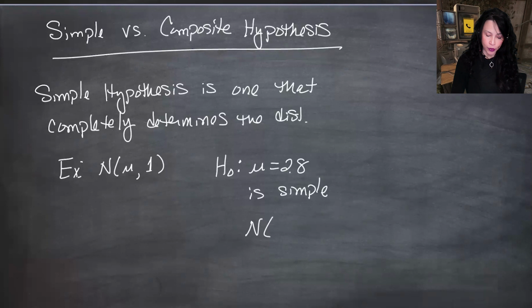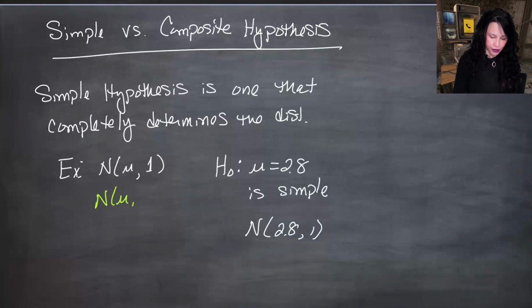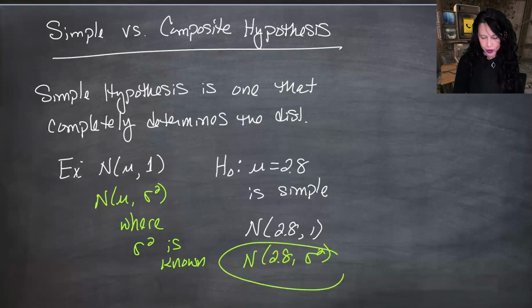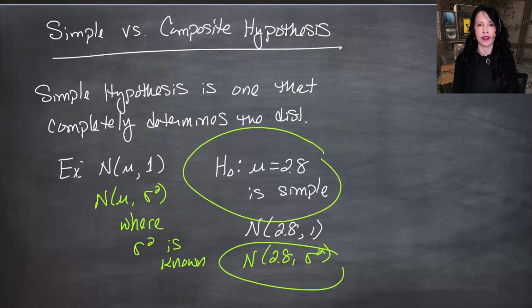We know we're working with a normal 2.8, 1. The same is true if I have a normal mu sigma squared, where sigma squared is known. Because then we're working with a normal 2.8, sigma squared, and sigma squared is known to us, so we know the exact distribution, and that makes this a simple hypothesis.